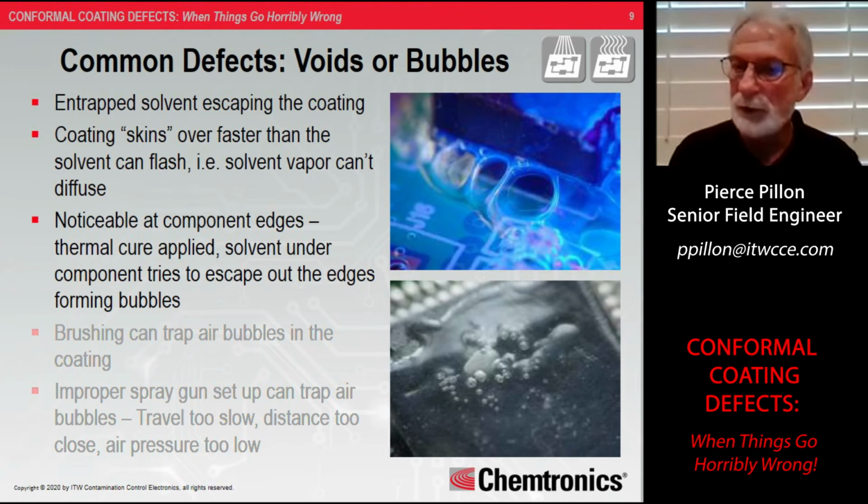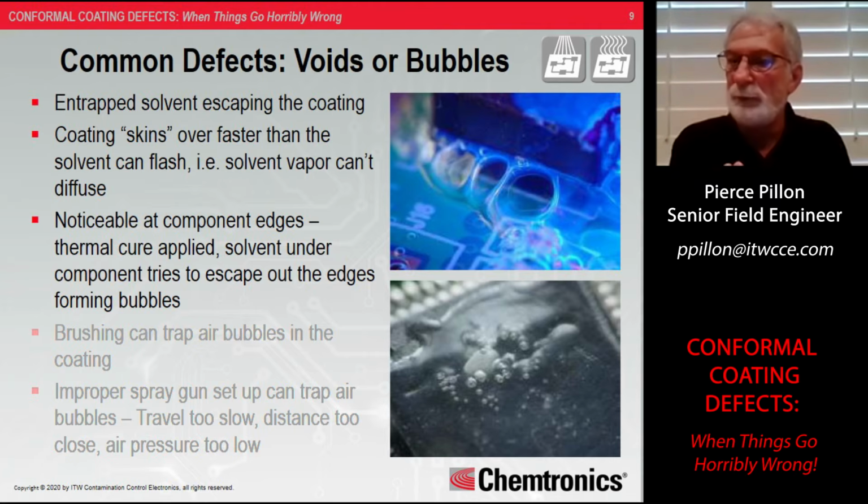So now you're starting to cure and skin over that coating at the base and around the edges of that component. And now the solvents underneath are starting to flash. They're picking up that heat. Well, they've got to go somewhere, and they want to go out from underneath that component. And they hit that partially cured or initially cured coating, and because of the vapor pressure, it causes that coating to bulge and create a bubble.